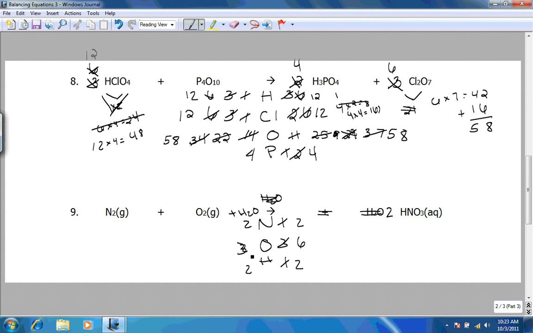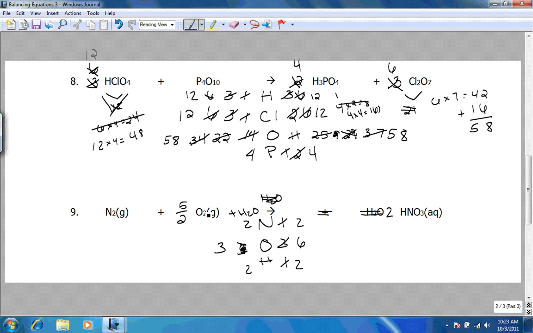On the left, I have 2 and 2. Multiply, this should be 3. So I have 1 oxygen taken care of. So I need 6. Well, there's no way to get that. So I'm going to say I need 5 more.